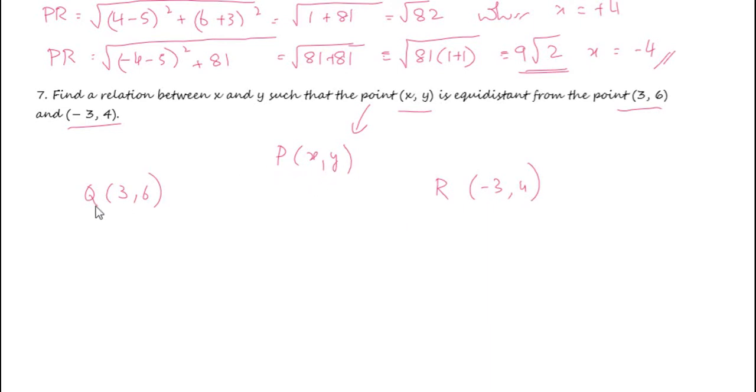Now first let us find out PQ. Now we know that since this is equidistant, PQ equal to PR. Let us find out PQ. PQ equal to square root of (x minus 3) whole square plus (y minus 6) whole square.